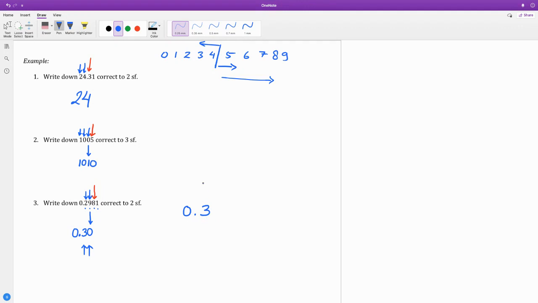But 0.3 has 1 significant figure, just 3, because the 0 to the left is not significant. It is asked for 2 significant figures, so we need to add 0 here. So the answer is 0.30.